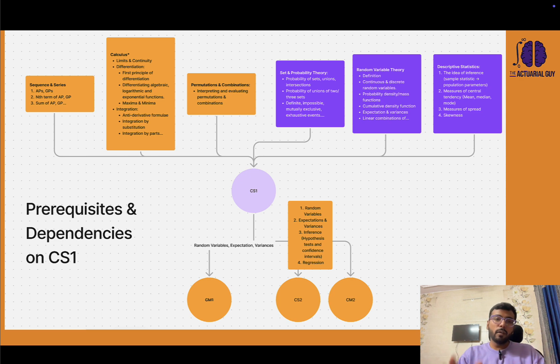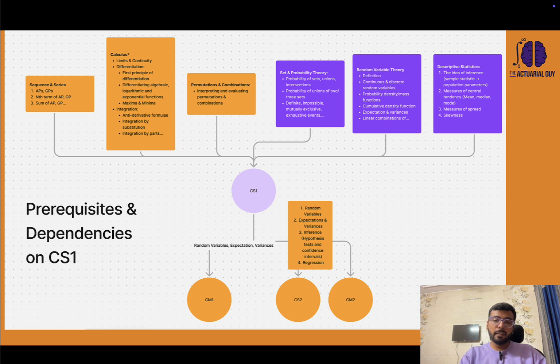Now that is all the knowledge you need in order to start CS1. Once you do CS1 and you are writing your further exams, some of the topics from CS1 that are relevant for your further exams would be, for CM1, you need to know the theory of random variables, you need to know how to calculate expectations and variances. For CS2 and CM2, you need a bit more.